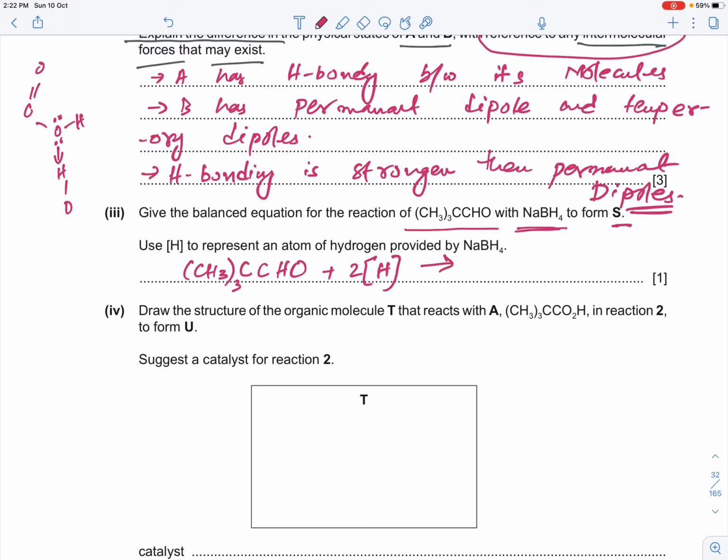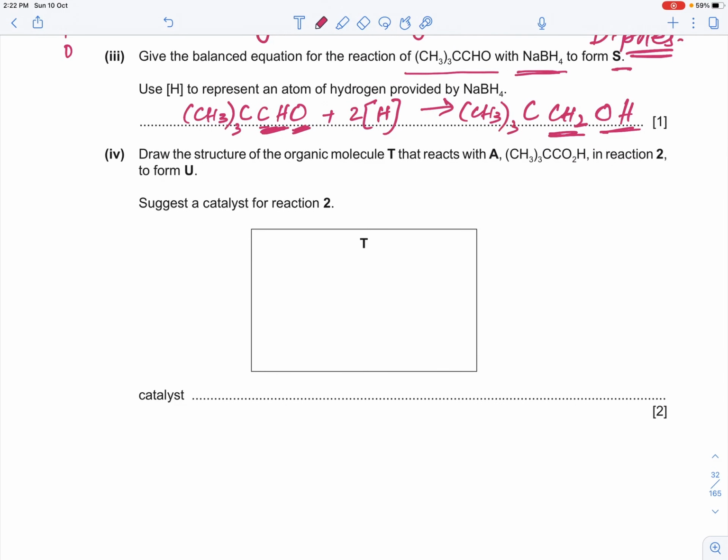So it would convert into, everything will remain the same, CH3, and now both the carbon and oxygen would gain 1 hydrogen each. So from CH it becomes CH2, and oxygen gains a hydrogen, it becomes OH. So this is the equation for the reduction of aldehyde into alcohol.